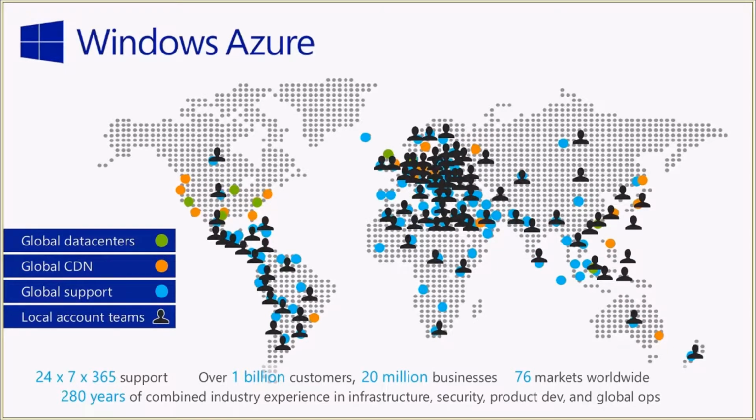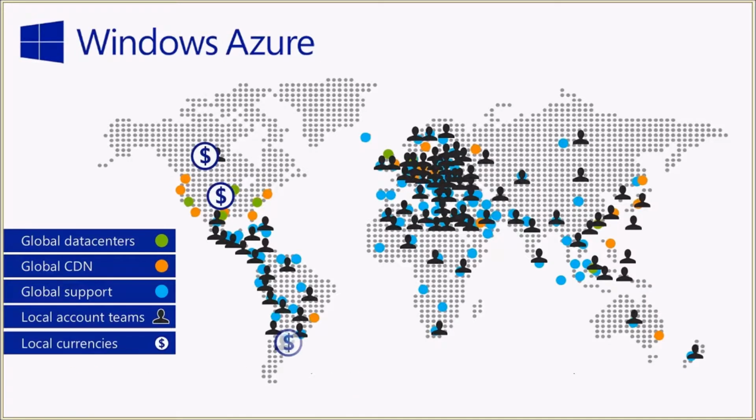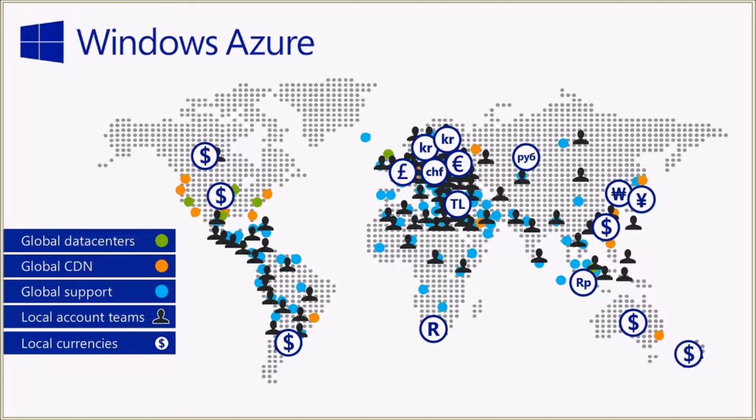So in each region, there are account teams aligned to businesses that are here to provide you with account support. And we also build in local currency. Some other vendors will probably want the currency done in dollars, whereas here at Microsoft, we try to do this in local currency, in pounds and euros.